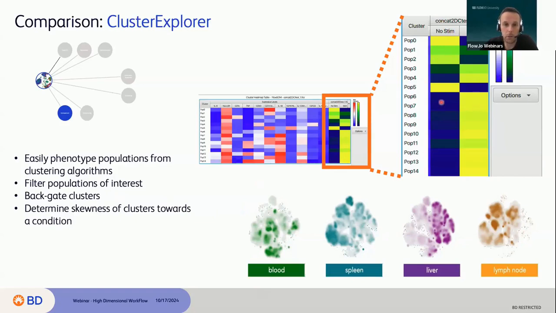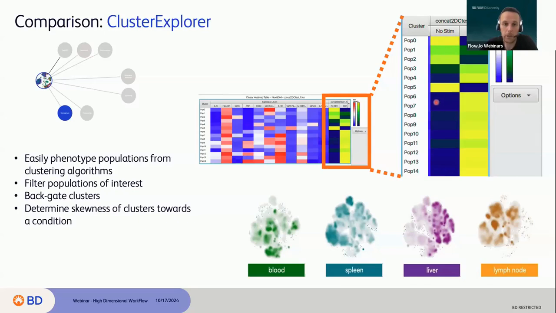Based on the color here, population 0 is made mostly of cells coming from my no STEAM sample, and almost none from my STEAM sample.